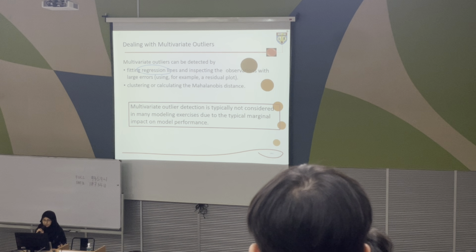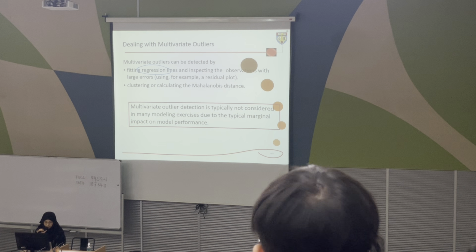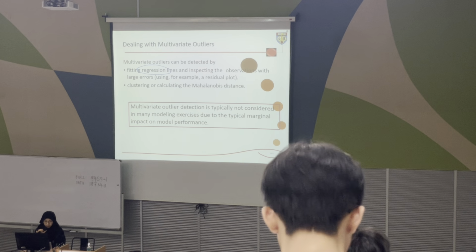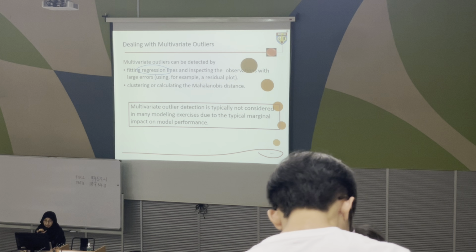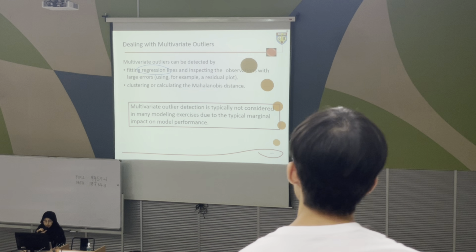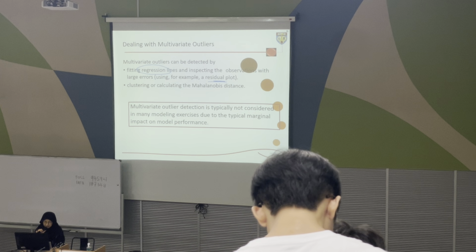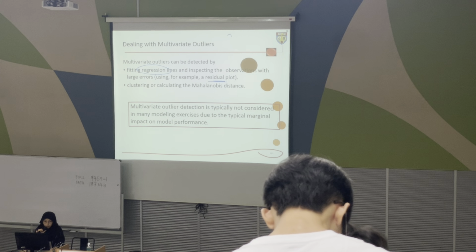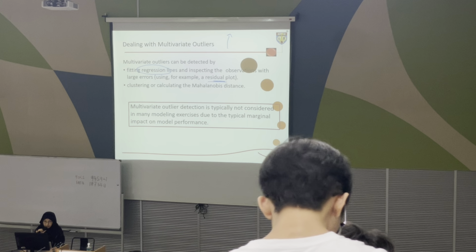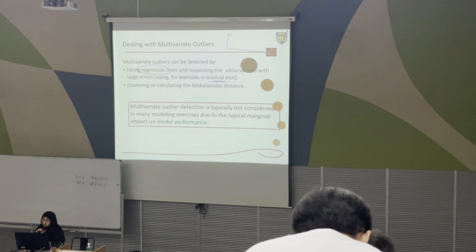regression. Okay, so for regression, you need to inspect whether there is any observation that has a large error. For example, you can use the residual. Let's say you want to measure the temperature for tomorrow.